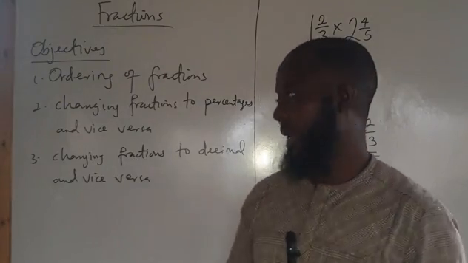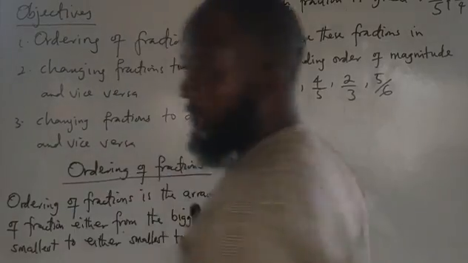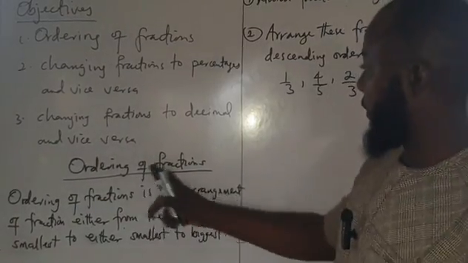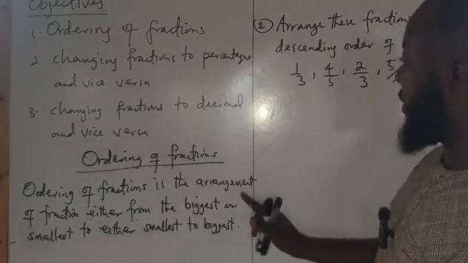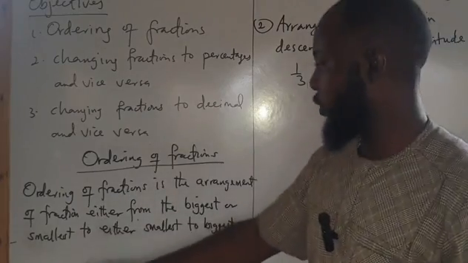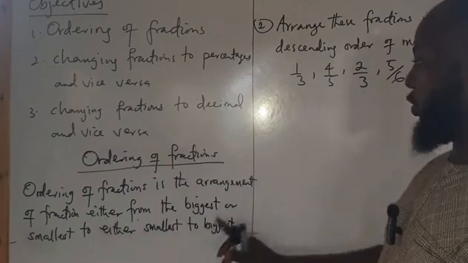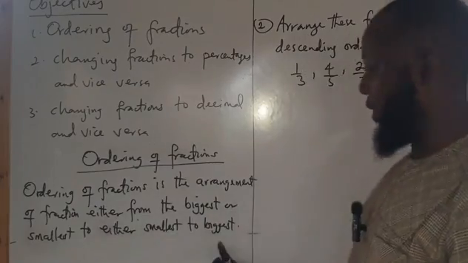But before that, let me write what ordering of fractions is. Ordering of fractions is the arrangement of fractions either from the biggest to the smallest or from the smallest to the biggest.